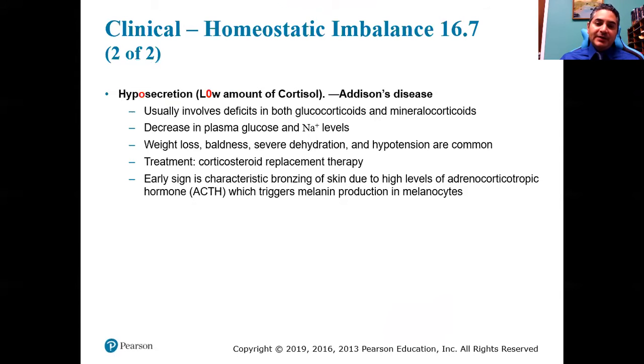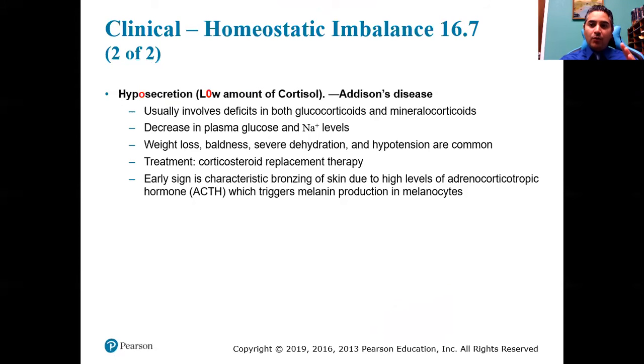So decrease in plasma glucose and sodium levels. And what are going to be some of the symptoms if it is the opposite of hypersecretion in terms of Cushing's disease, where the person is gaining weight, has a little bit more hair on the body? Well, let's go to the opposite with Addison's, right? The way you think of it is A in the alphabet, low.